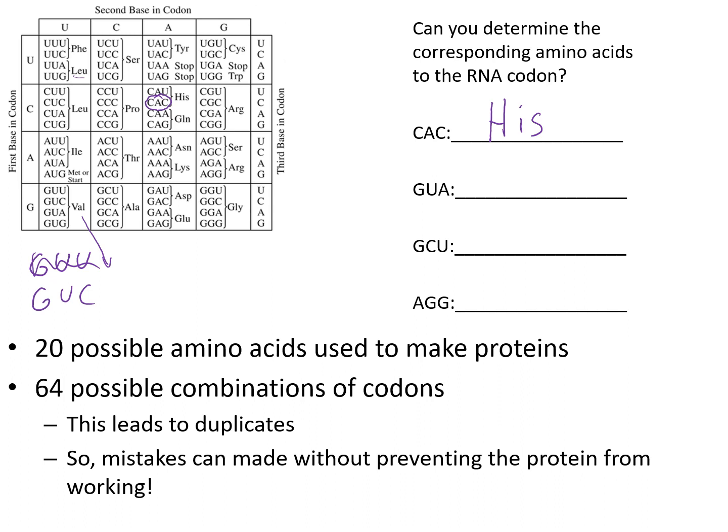Now let's find these other ones right here. So we have GUA, and we have GUA right here. That's Val. Okay, and hopefully you were finding the rest of them. But again, Val stands for valine, which is another amino acid. GCU, and we find that GCU is right there, alanine.